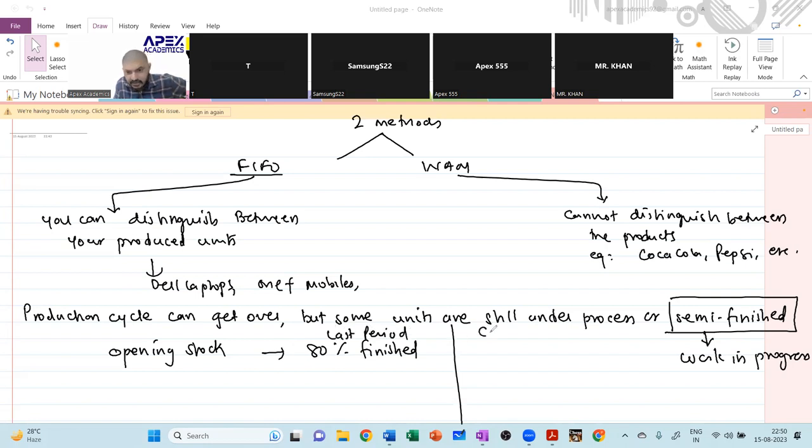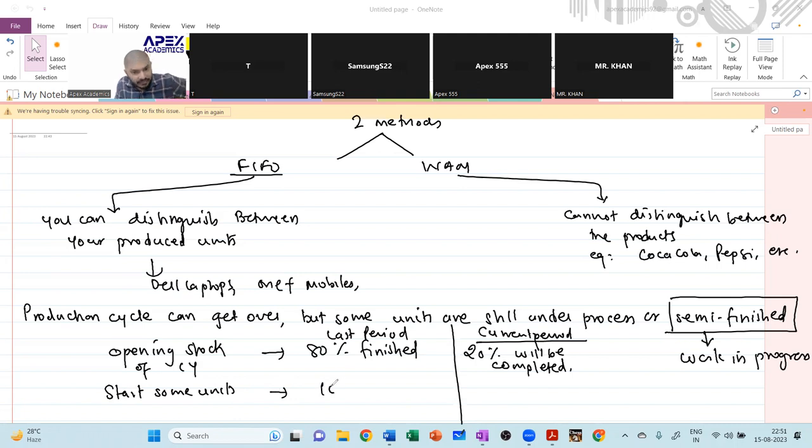This is the opening stock of the current period, of the current year. In the current period, what will you do? 20% will be completed. Please keep that much in mind. Apart from this, you will start some units now.